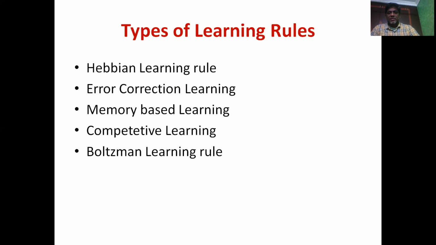The third one is memory-based learning, and the fourth one is competitive learning. We have only these four in our syllabus, and there are also the Boltzmann learning rule, perceptron learning rule, and so on. Many other learning rules are available. I did not list all of those here. Anyhow, we'll be discussing only the first four learning rules in our lecture schedules.